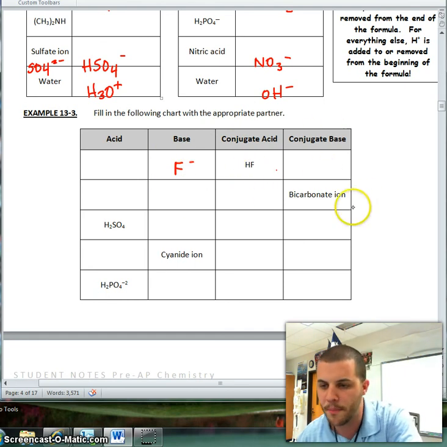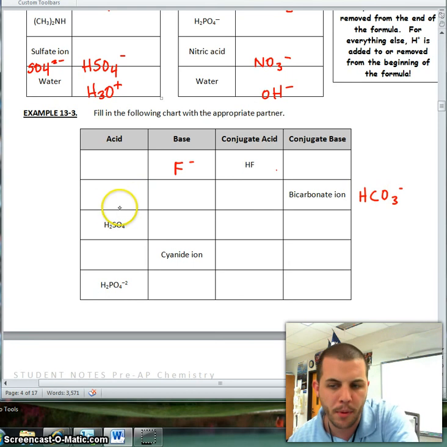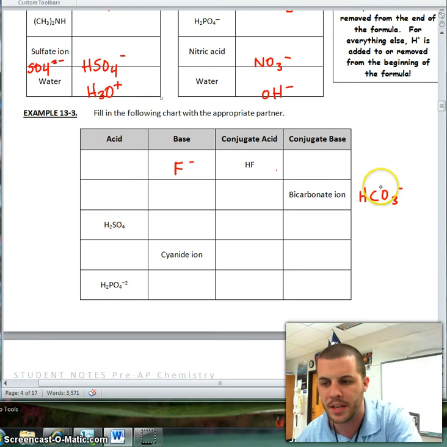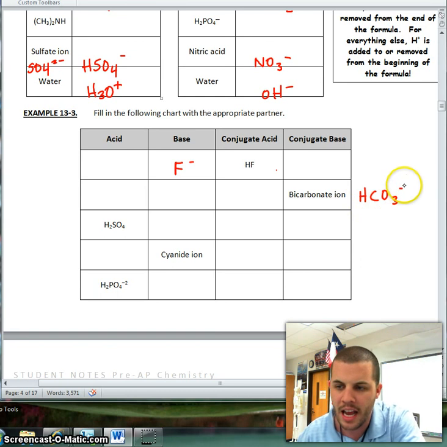If my conjugate base is a bicarbonate ion, HCO3 minus, my acid had to lose a proton in order to become this. So I had another hydrogen to begin with, and I had a neutral charge. So that would make my acid H2CO3.